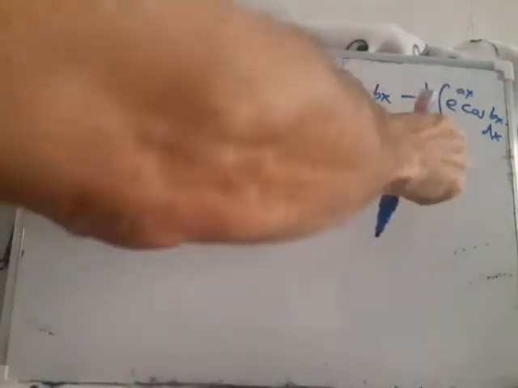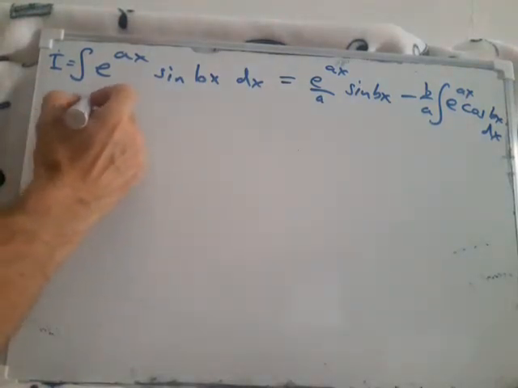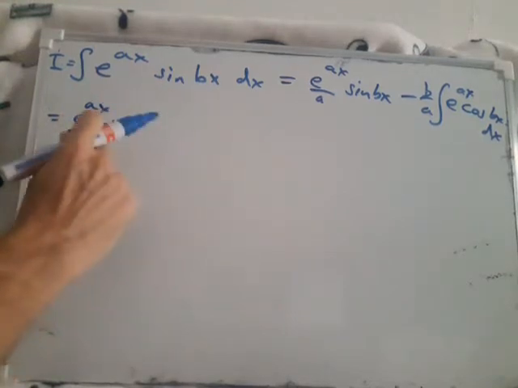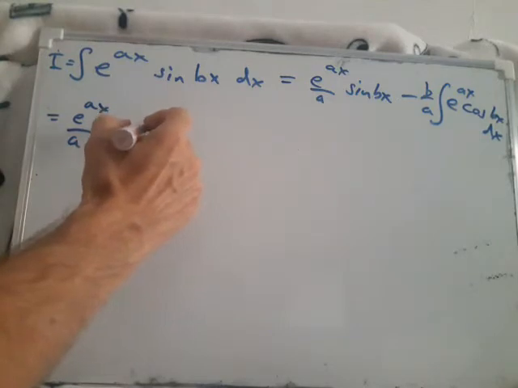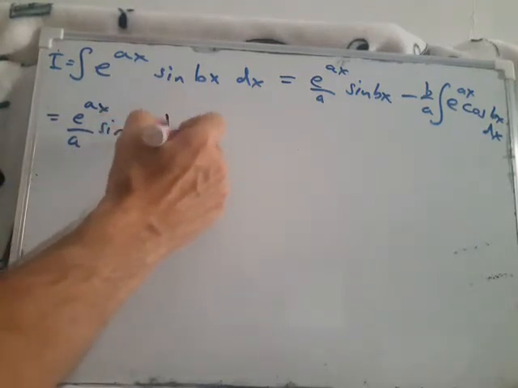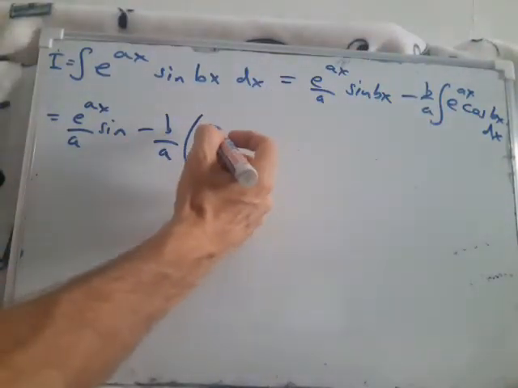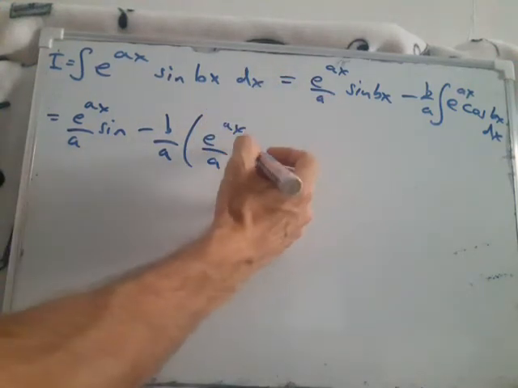Okay, then I'll just keep this. Okay, I'll just write sine in short for sine bx minus b over a, and then I do the same thing with this integral. So I'm going to differentiate the e to the ax, and I'll write cos instead of cos bx.